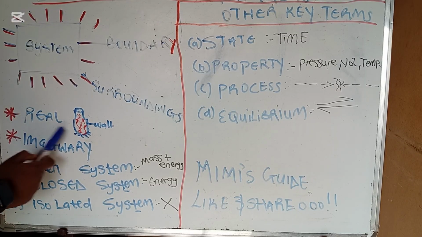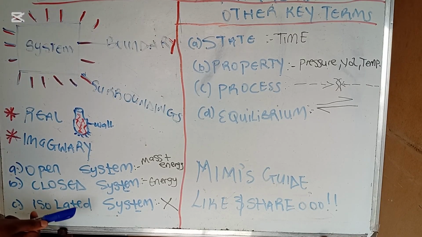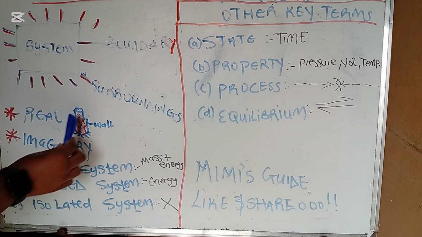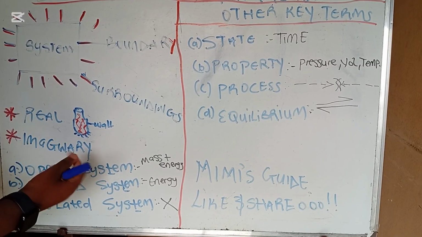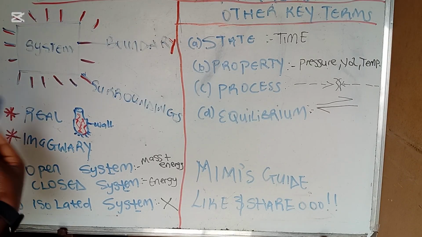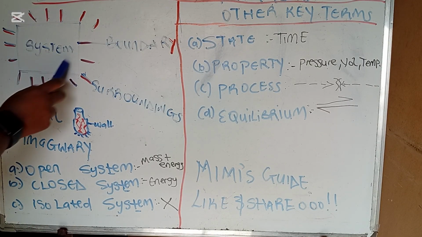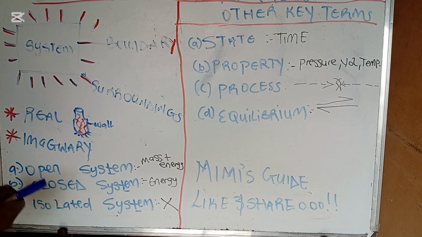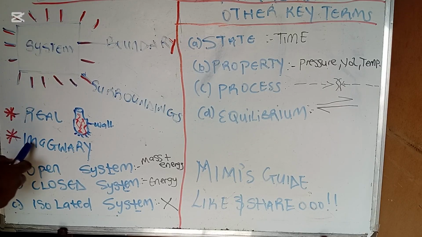A real boundary can be, for example, the wall of a cylinder. If you get your gas cylinder, the wall of the cylinder that you can see literally separates the system, which is the gas, and the surroundings, which are the air molecules outside the gas cylinder. The second is imaginary. This one we can't see, so this imaginary boundary is literally like space.